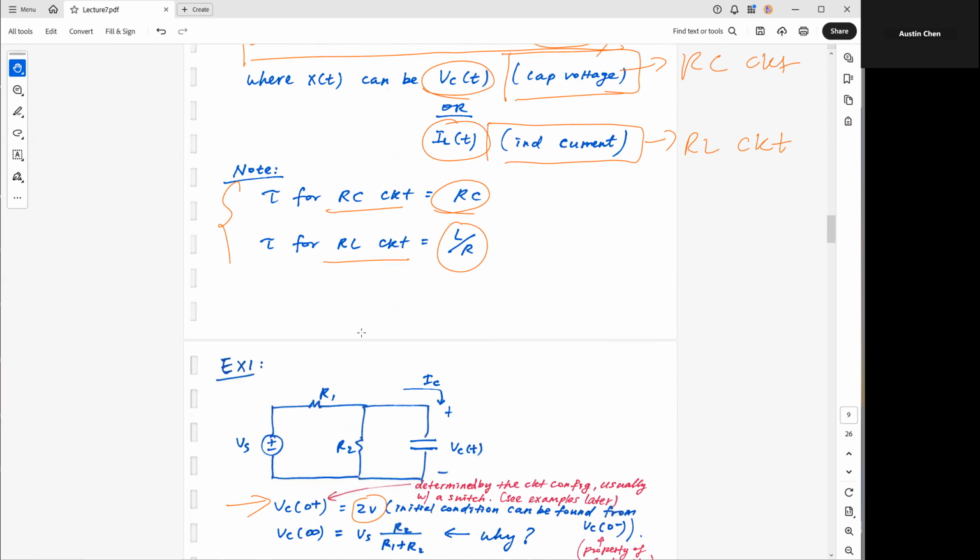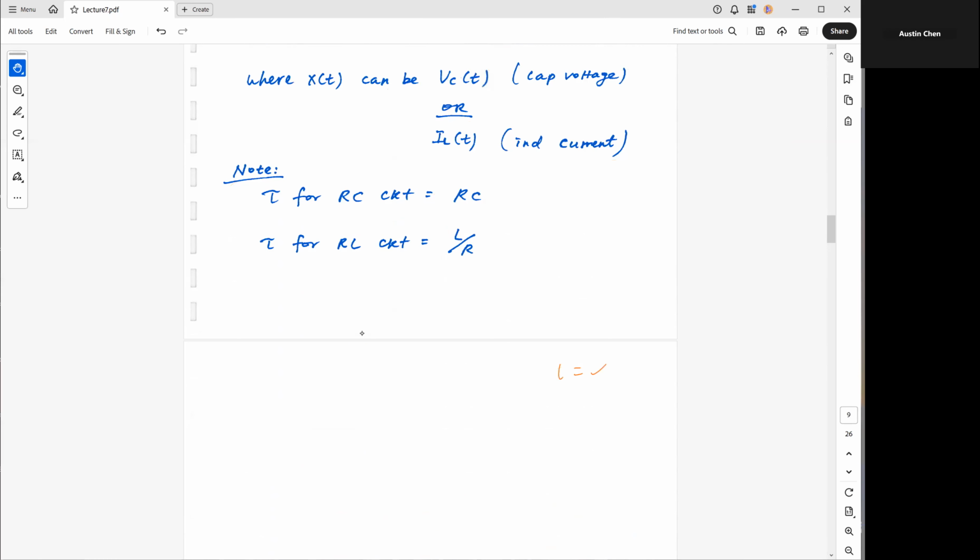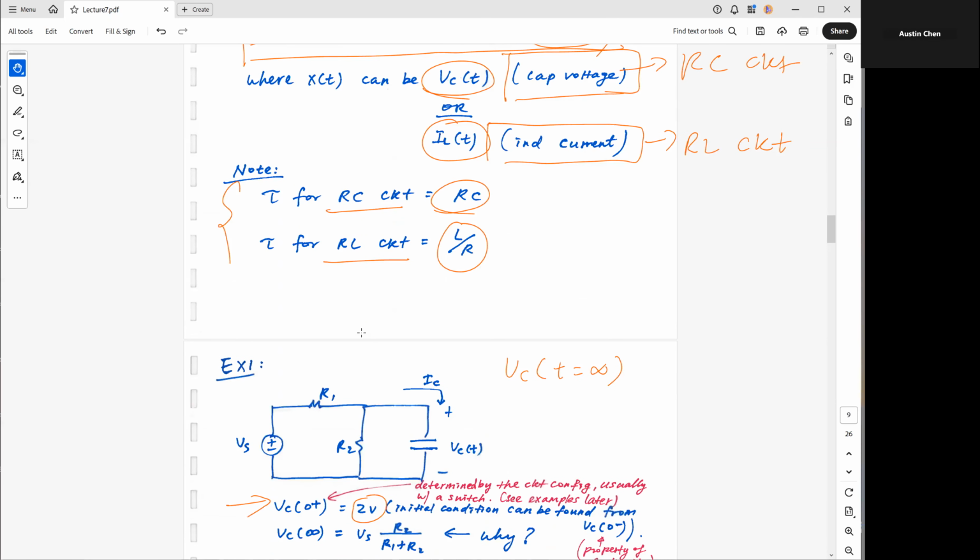To find VC at infinity, this means that t goes all the way to infinity. This tells us that this entire circuit, including this capacitor, has been sitting there for a long, long time already.